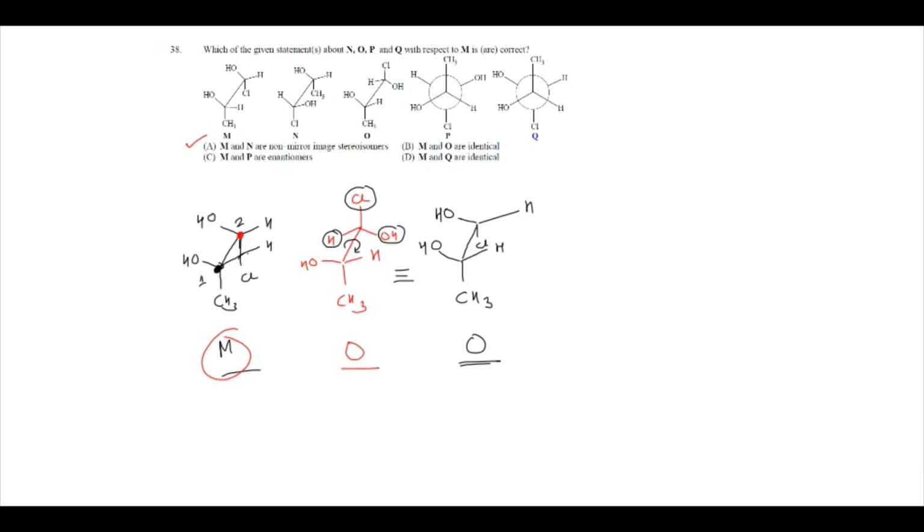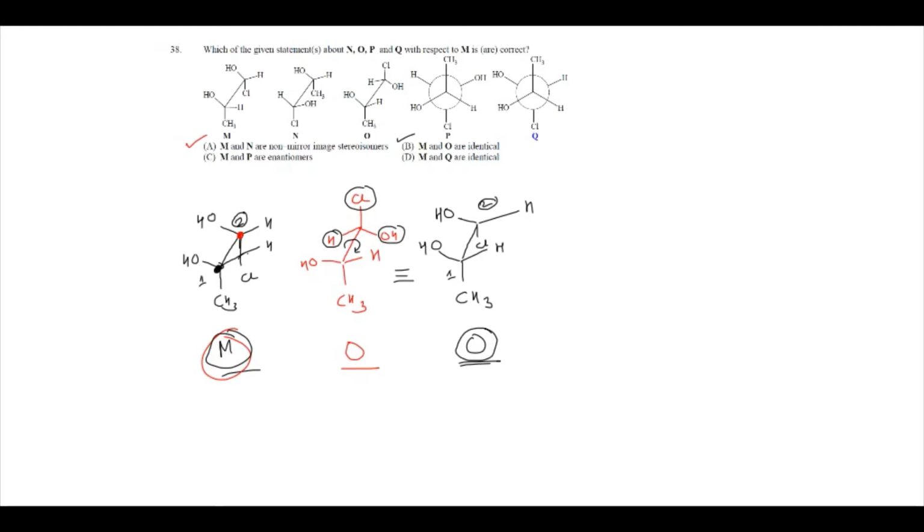Carbon 1 here has the same orientation as carbon 1 of M. So M and O have the same orientation at carbon 1. What about carbon 2? Yes, if we compare carbon 2, then we'll see that M and O both have the same orientation. That means option B is correct, that M and O are identical.